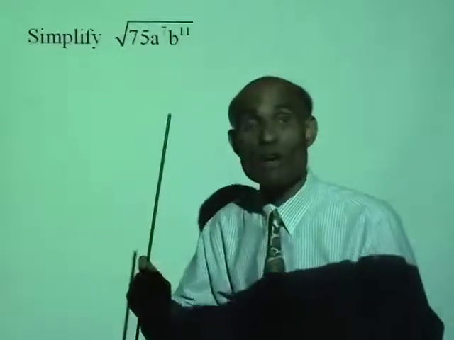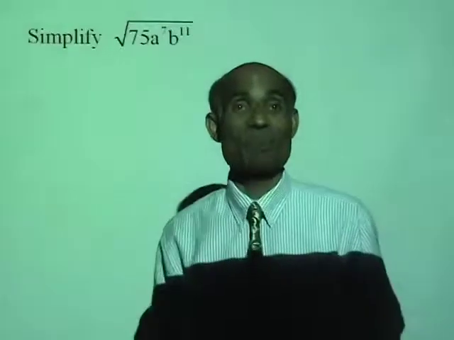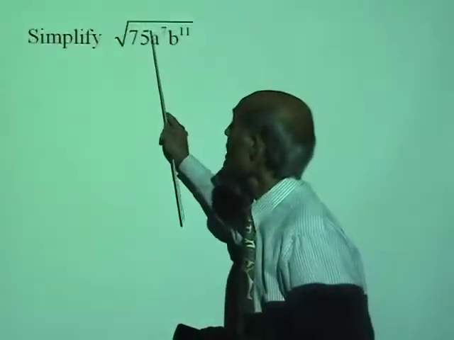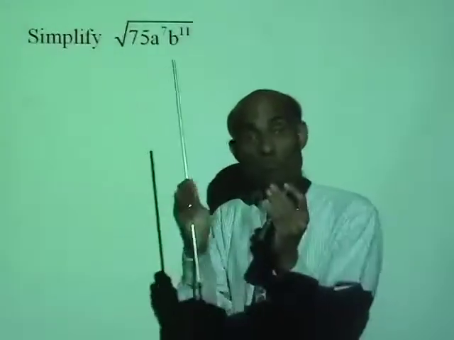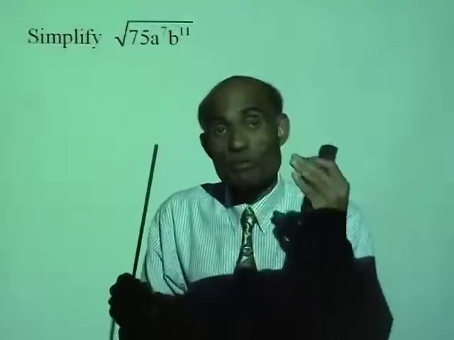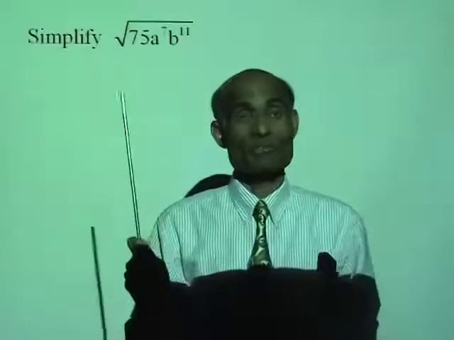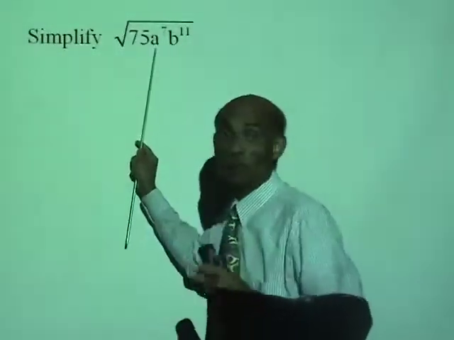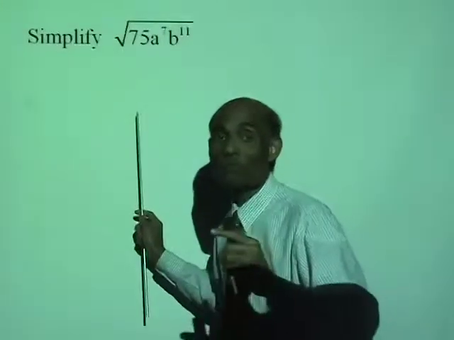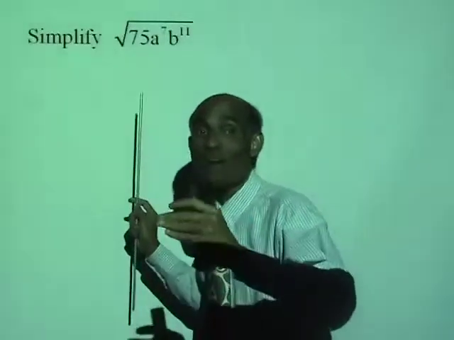A perfect square will have an even exponent. Alright, can you help me write a to the power of 7 as the product of a perfect square and something else? Yes? That will be a to the power of 6 multiplied by a to the power of 1.